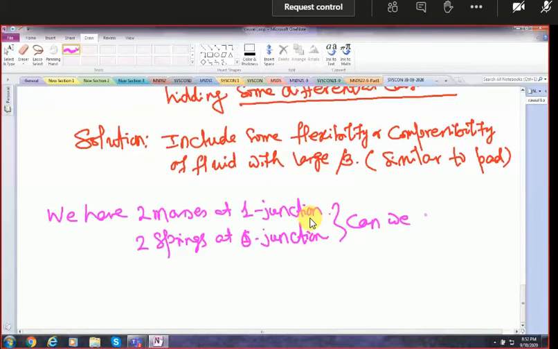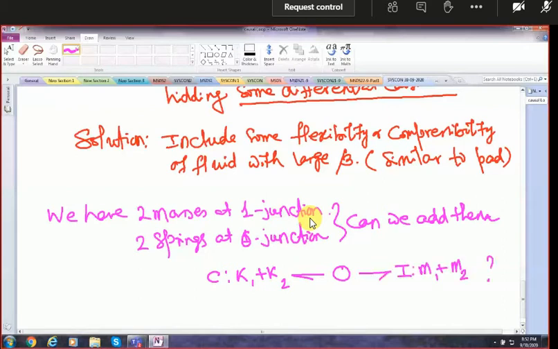Can we add them? To a system, let's say at the 0 junction, C is equal to K1 plus K2, and at the 1 junction, I is equal to M1 plus M2. So this is a very, very subtle thing.